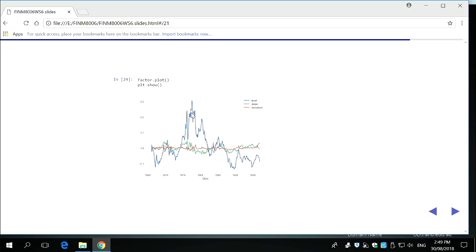Can anyone tell me what happened in the early 1980s in the US? Recession, and what happened to inflation? What happened to the interest rate in the early 80s in the US?